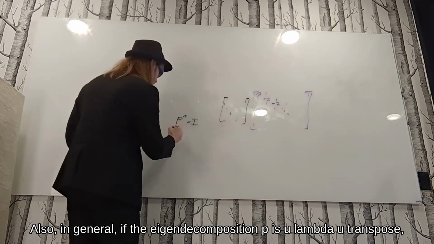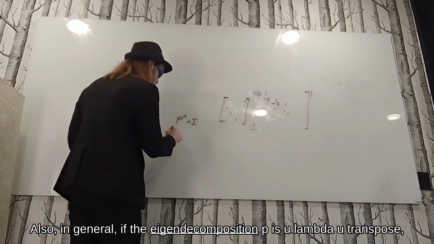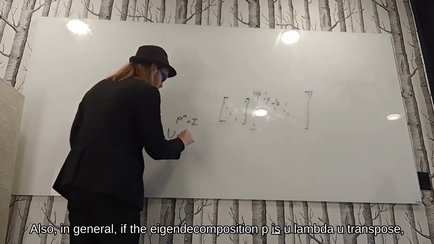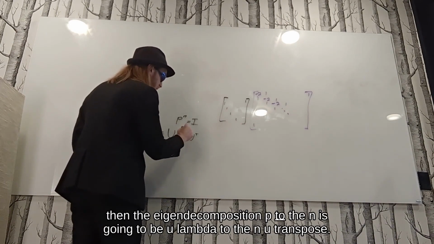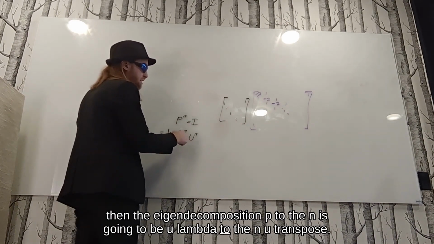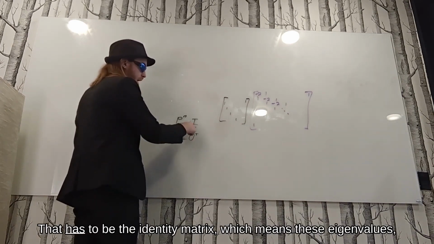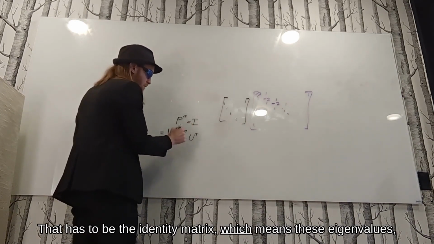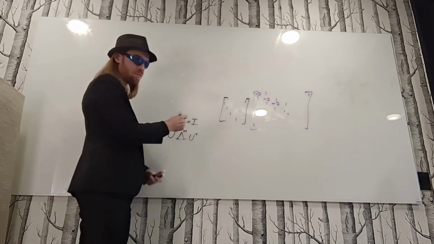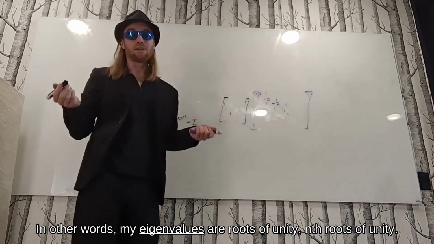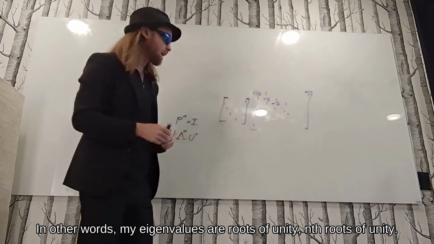Also, in general, if the eigendecomposition of P is U lambda U transpose, then the eigendecomposition of P to the n is going to be U lambda to the n U transpose. That has to be the identity matrix, which means these eigenvalues, if I raise them to the n, all have to be 1. In other words, my eigenvalues are nth roots of unity.